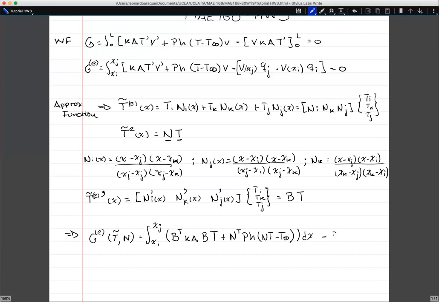And this vector lowercase q represents the boundary conditions at each node of the element.